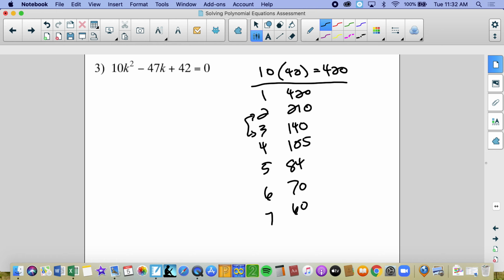We're going to just have to use the old calculator. Nope, 8 does not. 9, 4 plus 2 is 6, no. 9 doesn't go into it, so 10, yes, 10 and 42.